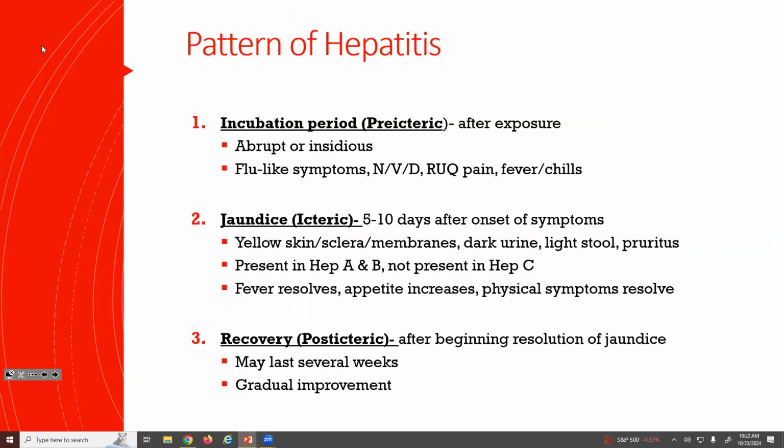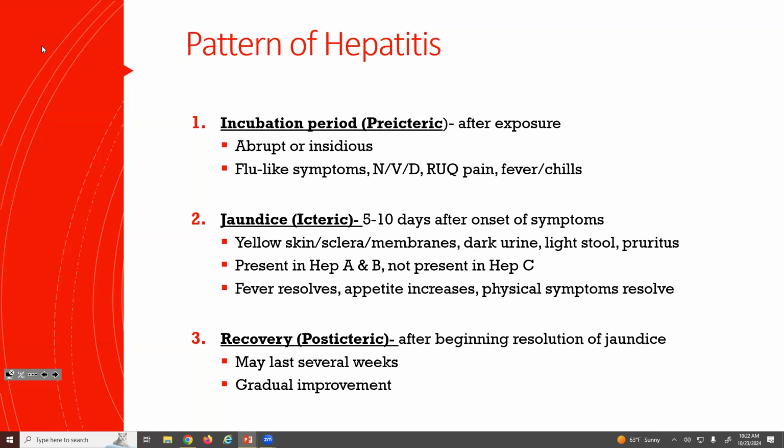You're gonna see things like flu-like symptoms, nausea, vomiting, diarrhea. Right upper quadrant pain. Why right upper quadrant? Where your liver is, right? Your liver's not happy already in this pre-icteric period. And then fever and chills. So your body knows that something's not quite right.